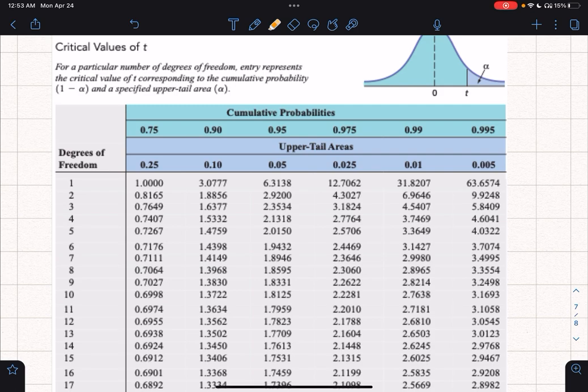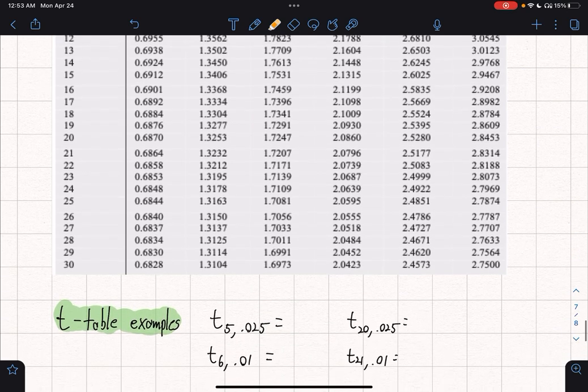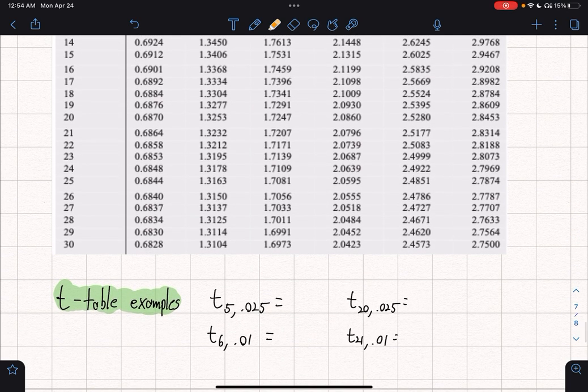And then we can see we've got degrees of freedom over here. So for example, 5 degrees of freedom would be this row, or if we had 10 degrees of freedom, we would use this row. So let's just do a couple quick examples with this. Let's say I want t with 5 degrees of freedom, 0.025 in the right tail.